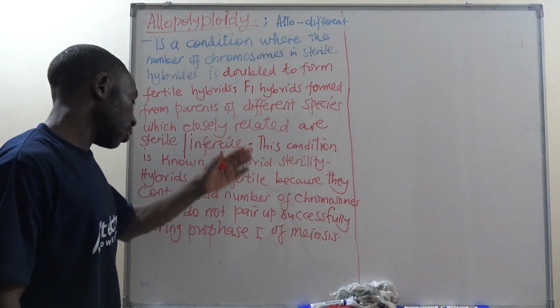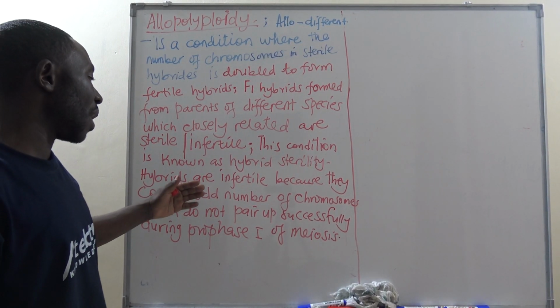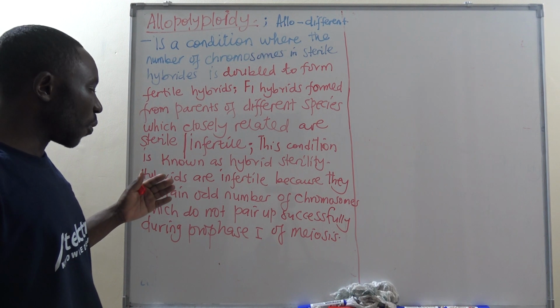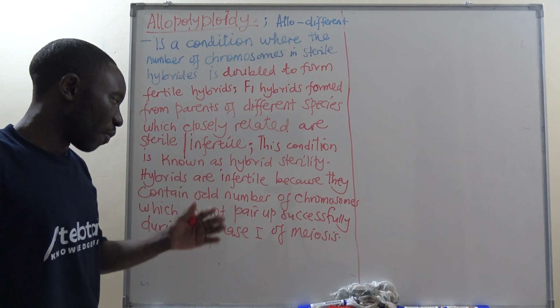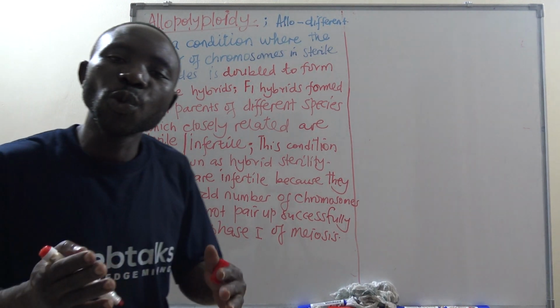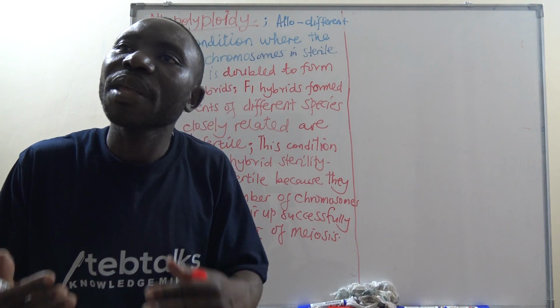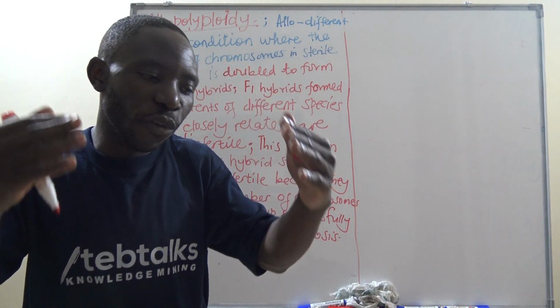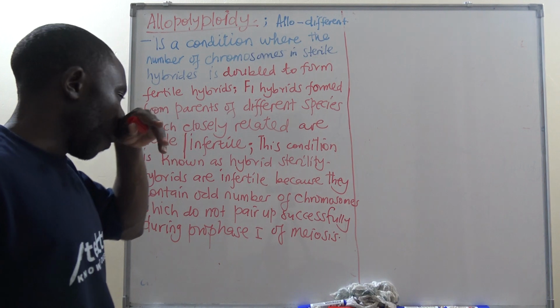So that is what happens. The hybrids are infertile because they contain an odd number of chromosomes which do not pair up successfully during prophase 1 of meiosis.